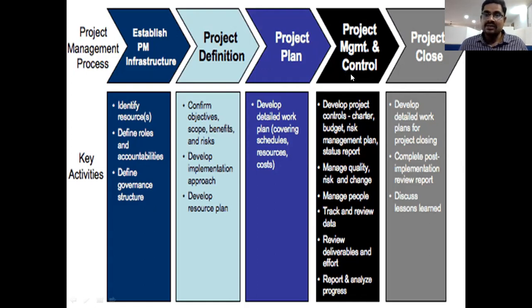Project implementation means just implementing the planned performance. Controlling means looking at the gap between actual performance and planned performance, and if a gap is there, we take remedial actions to fill it.